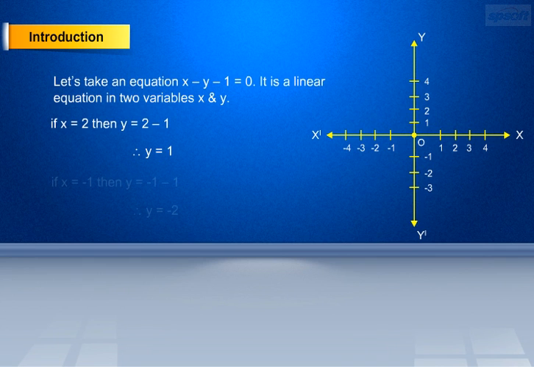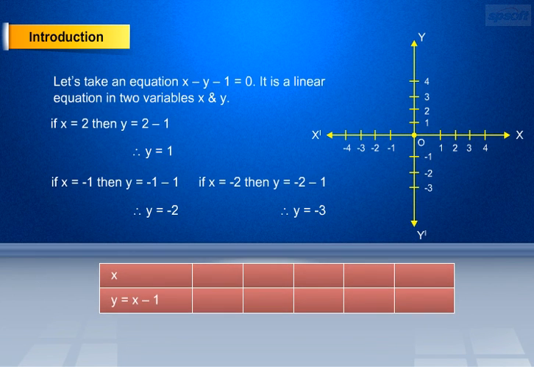If x equals 2, then y equals 2 minus 1. Therefore y equals 1. If x equals minus 1, then y equals minus 1 minus 1. Therefore y equals minus 2. If x equals minus 2, then y equals minus 2 minus 1. Therefore y equals minus 3. The values of x and y are (0, -1), (1, 0), (2, 1), (-1, -2), and (-2, -3).